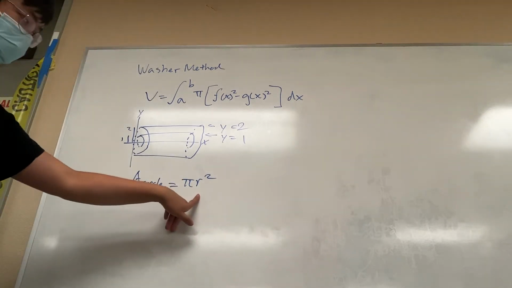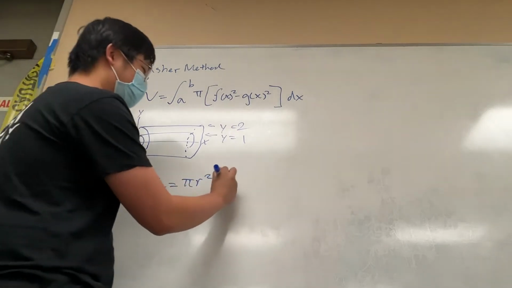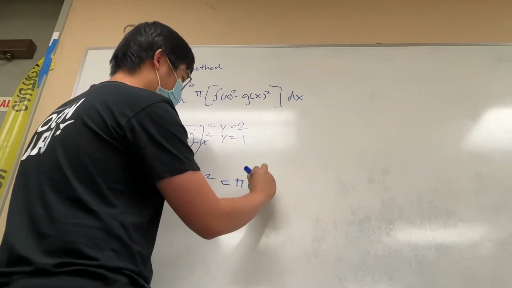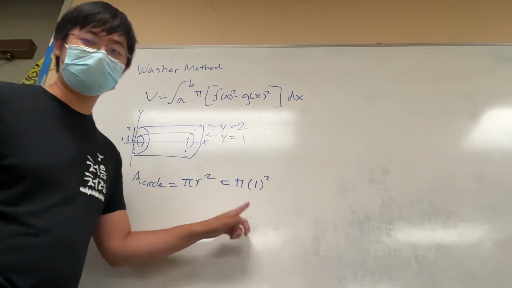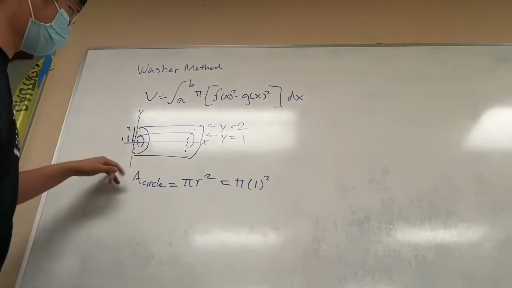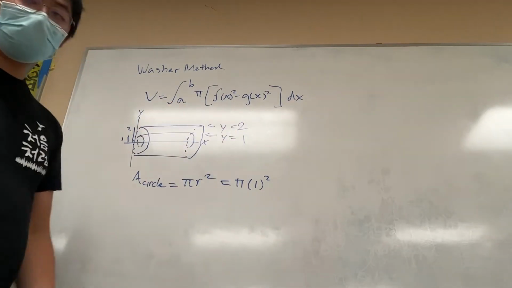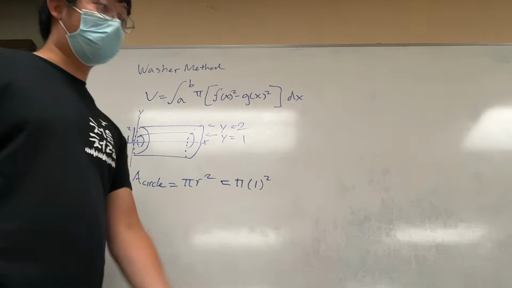What is r? R is this. So we can replace r with 1 to get the area of a single cross-section. If we knew the length of this, which we don't for now since this cylinder goes off into infinity, we would also have the height and thus be able to calculate the volume of it.